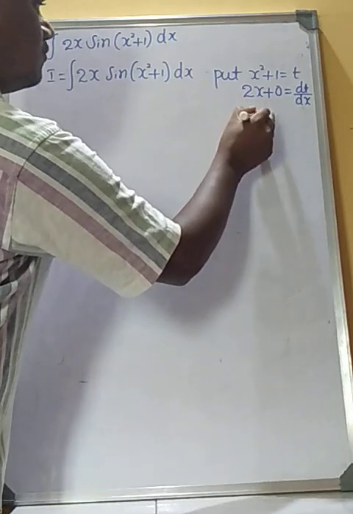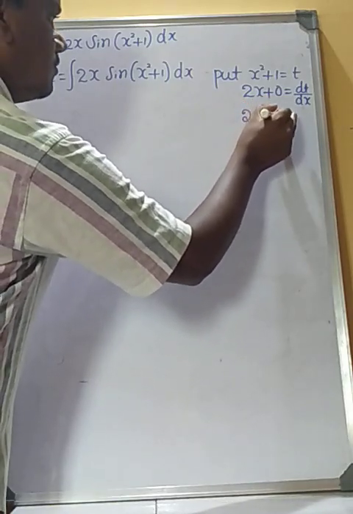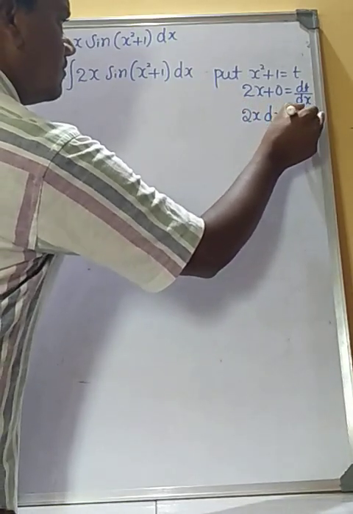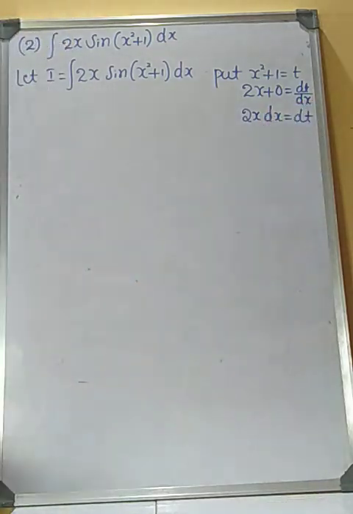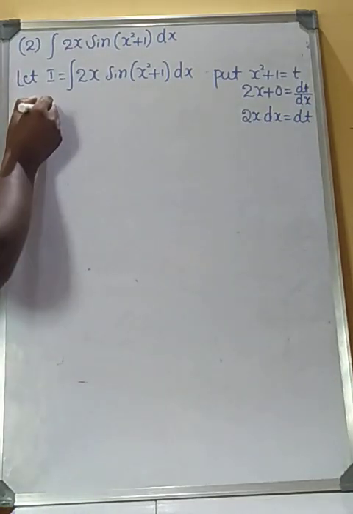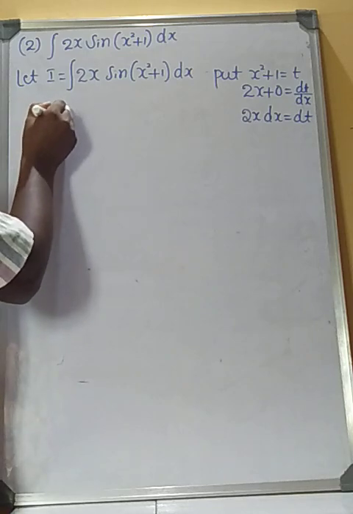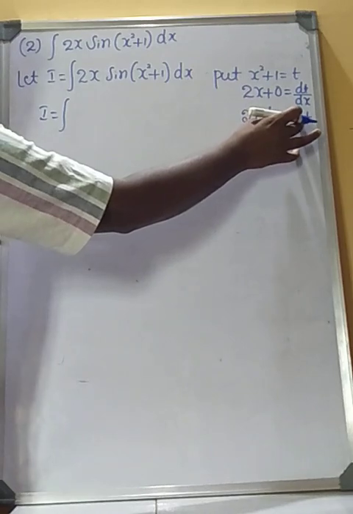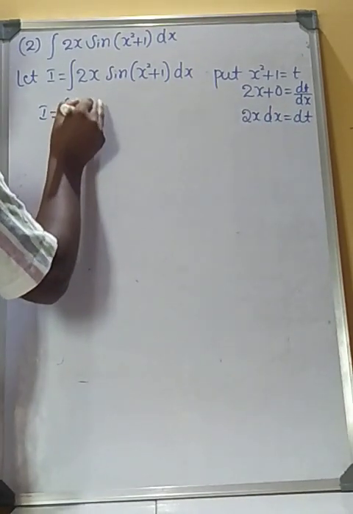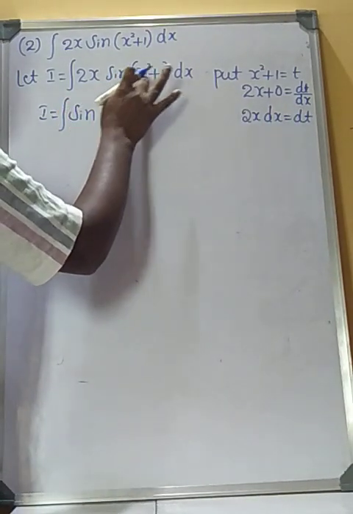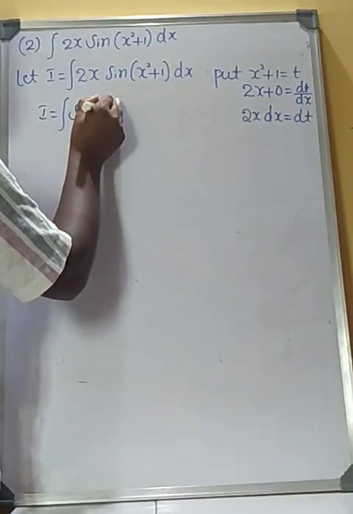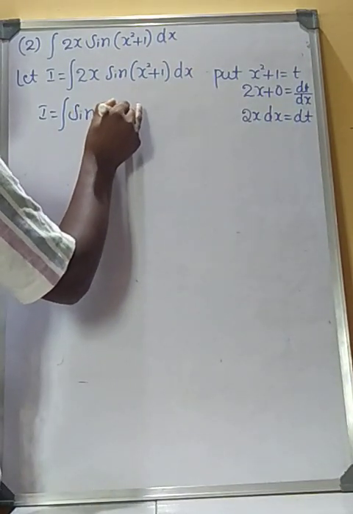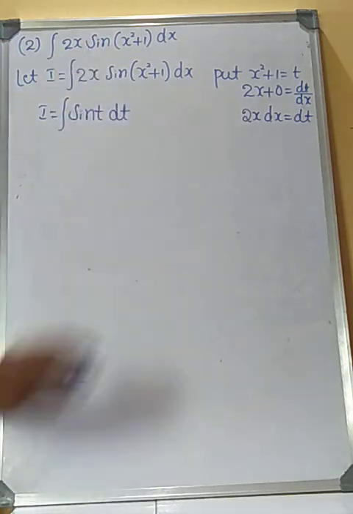Therefore, 2x into dx is equal to dt. So substitute in the given integral. I is the integral of sine t into dt.